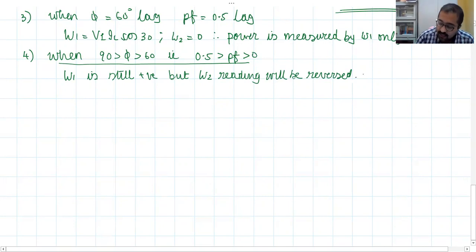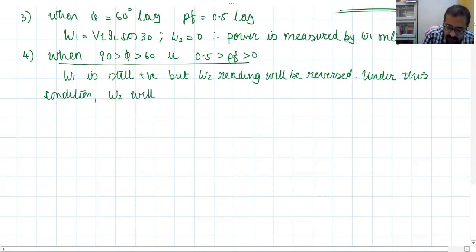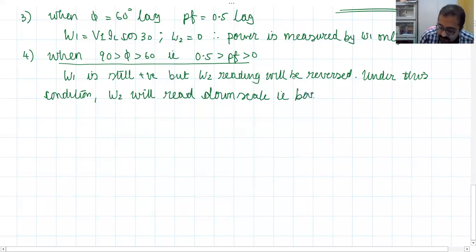So under this condition, W2 will read downscale, that is, backwards.